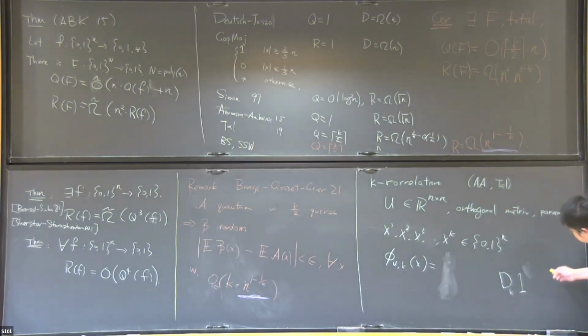Let me just write down what I mean exactly. The diagonal matrix is something like (-1) to the x_k first entry, (-1) to the x_k second entry, etc. So this (-1) reflects your query operation.